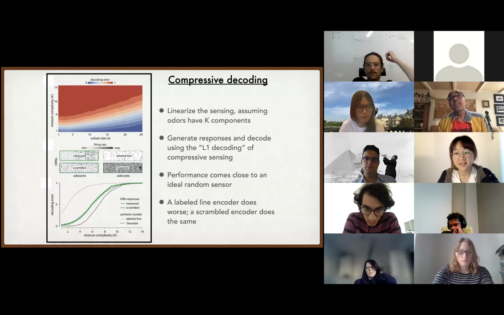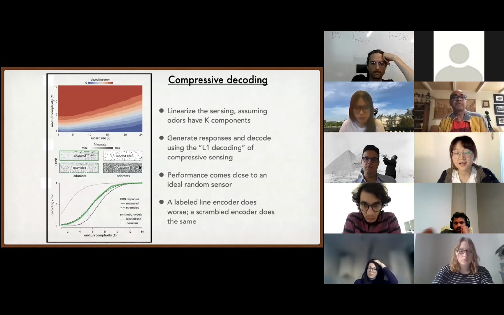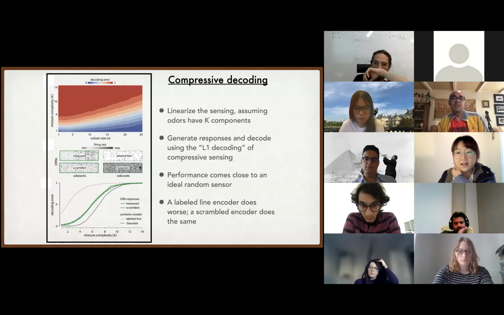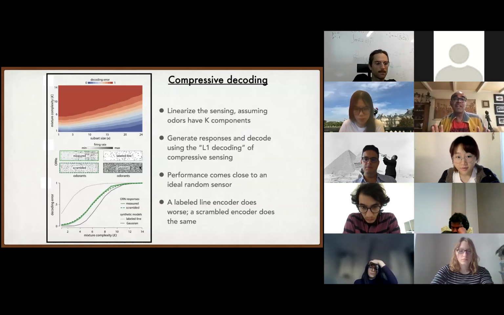Then we'd also have to introduce notions of dynamics. A thing that I completely ignored here is that the olfactory system is highly dynamical. There are all kinds of time-dependent processes, there are oscillations, and the oscillations interact with the cortical feedback in various ways to modify the representation. So I've left out the dynamics.